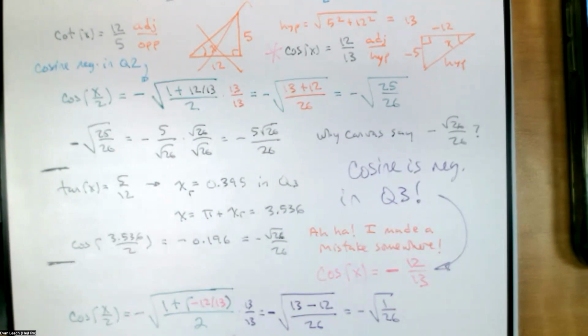That was part of the design of this problem. If you tell Canvas just to make up two numbers, some people are going to get 12 over 5, so their hypotenuse is 13. But if someone has like 5 and 10, their hypotenuse is no longer an integer. Their hypotenuse is the square root of something, the square root of 125. And all of a sudden, their problem is messier than someone else's problem.